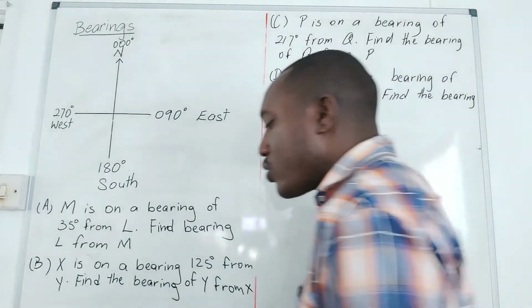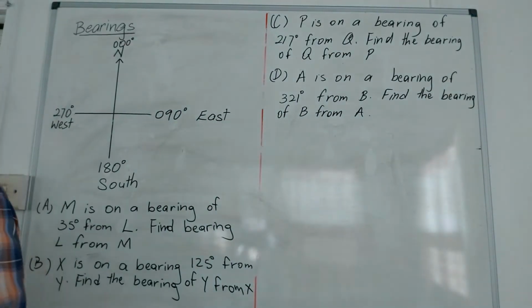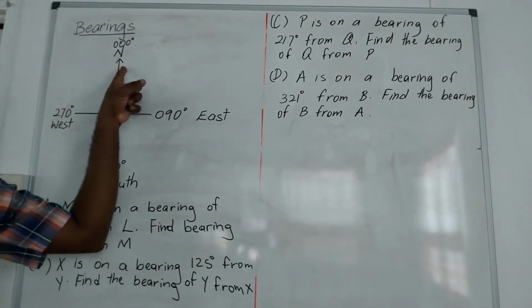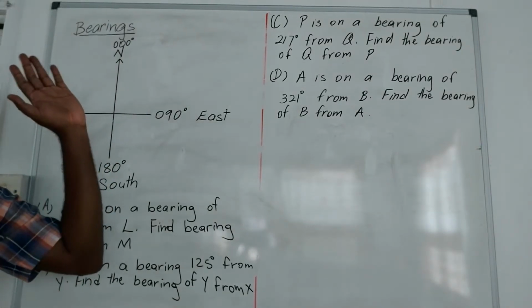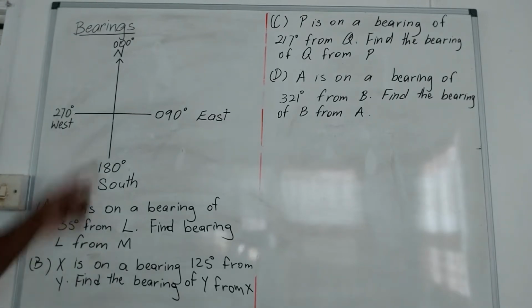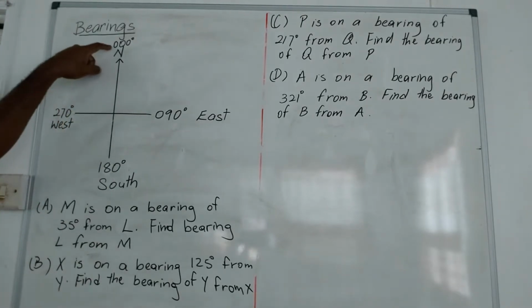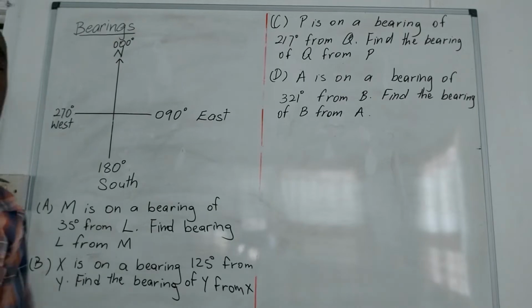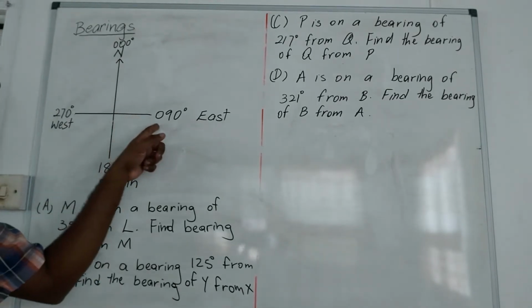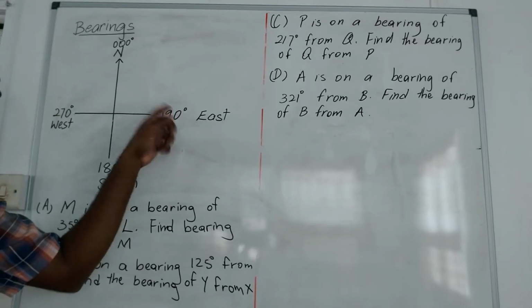So two things we need to understand: first, we always start from the north line, and we always measure in a clockwise direction, and a bearing is represented by three numbers. So north is represented by 000 degrees. That's our fixed point. East is 090.